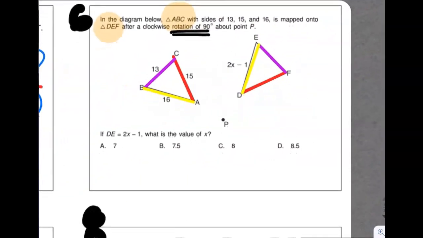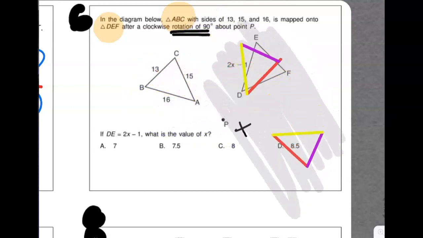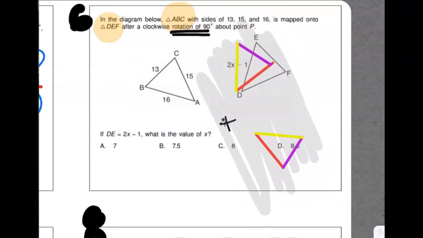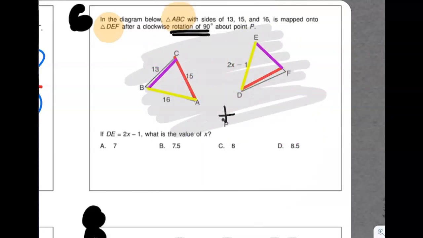Same idea here. I already have them matched up, but if you notice, if I was going to put patty paper over this to prove, well, it says it's a rotation anyway, but if I rotated this, see how that one would map right onto that one? So it was a rotation. And then it shows you why yellow goes onto yellow and purple and red onto red.